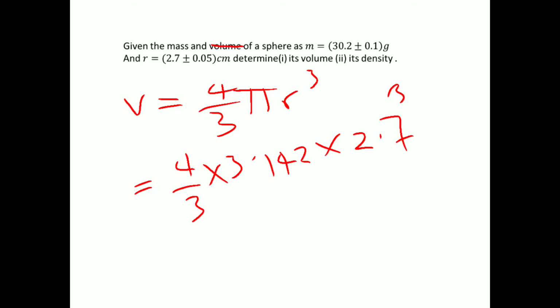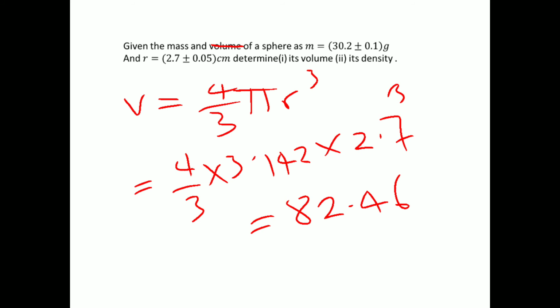Using my calculator, 4 times 3.142 times 2.7 cubed, divided by 3, gives us 82.46. So 82.46 is for V.